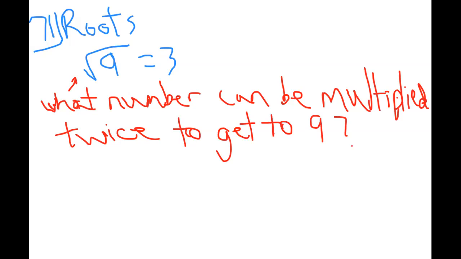So that's basically what this bracket right here means. So it says, okay, what number can be multiplied twice to get to 9? And we just know it's 3.